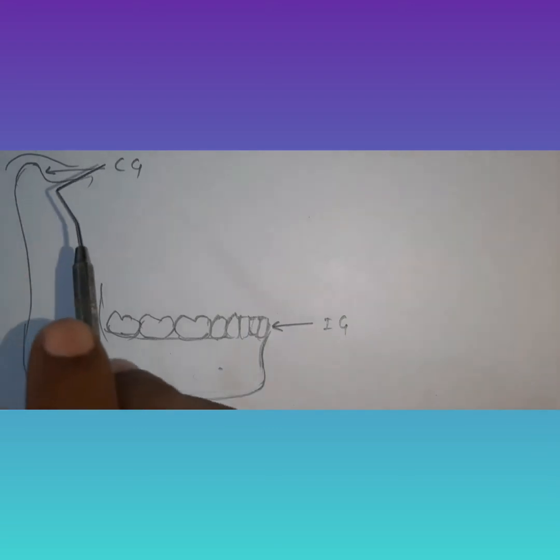Condylar guidance is the posterior guidance system, and it is provided by the temporomandibular joint. As the head of the condyle moves downward and forwards as the patient is opening the jaw, that is, the condyle is translating, this guidance pathway is determined by the intra-articular disc and by the angle of the glenoid fossa.